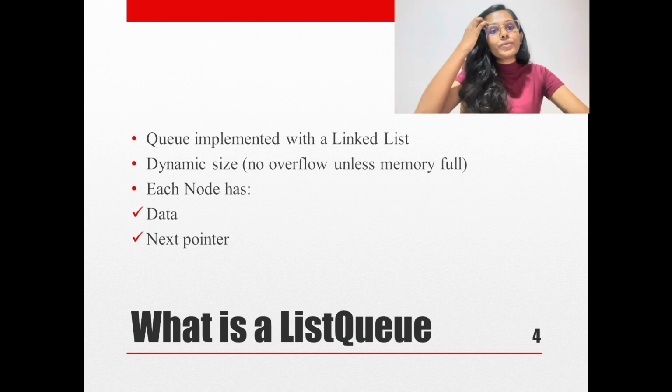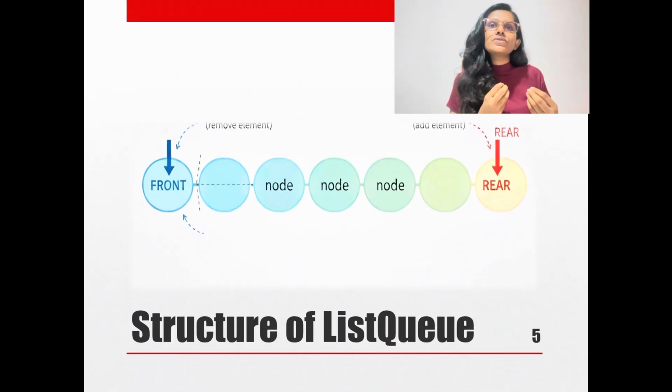So let's go to how to visually imagine the structure of a ListQueue. Visually, you can imagine the queue as a series of linked nodes. The front points to the first node and the rear points to the last.